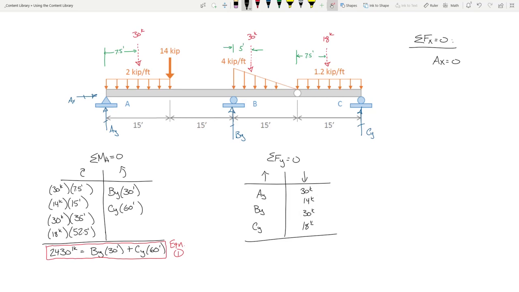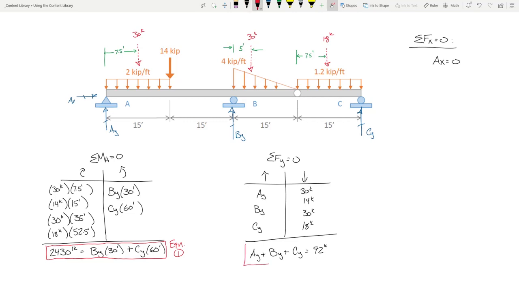So AY plus BY plus CY equals, 30 and 30 is 60, 14 and 18 is 32, was that 92? Damn, I kind of have the same thing happen again. I don't get an answer. I get an expression that compares some of my unknowns, but I don't actually get my unknown.